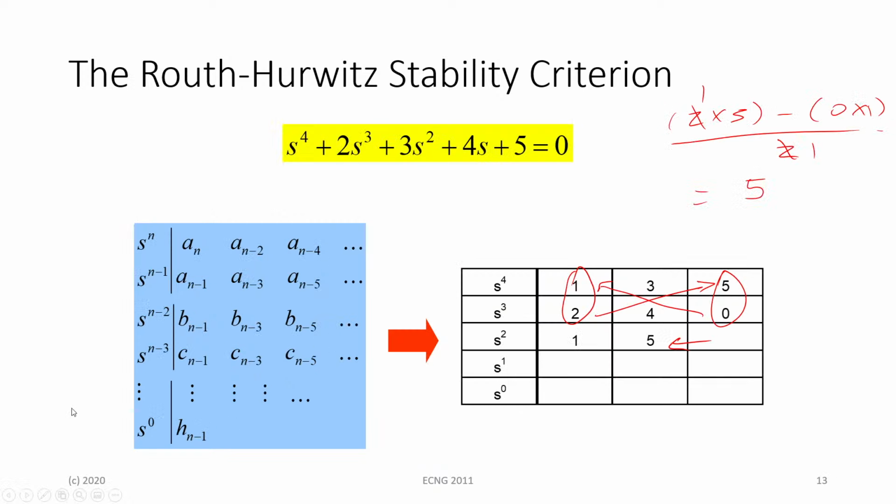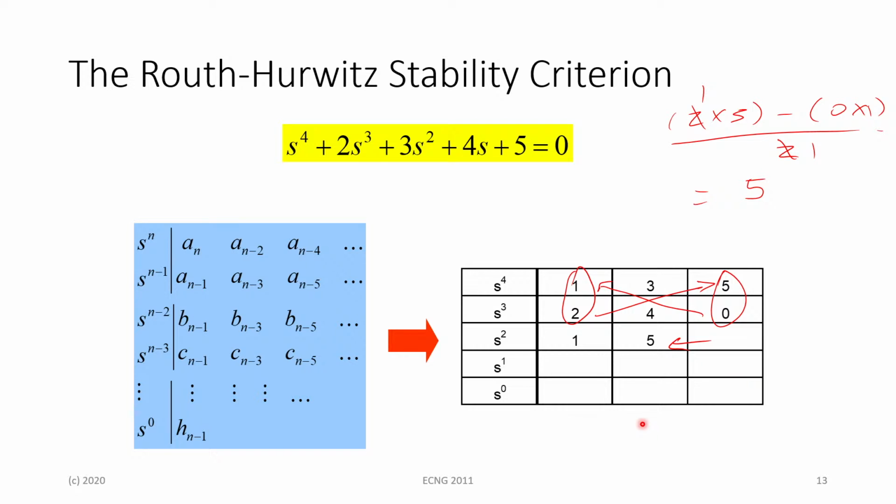So, as we notice in our table, we extracted the coefficients for S4 and S cubed here from our equation, and then we calculated the coefficients here for S squared. But we note that there's still going to be an S to the 1 row here and the S to the 0 row, so that means these calculations need to continue in some form or fashion.